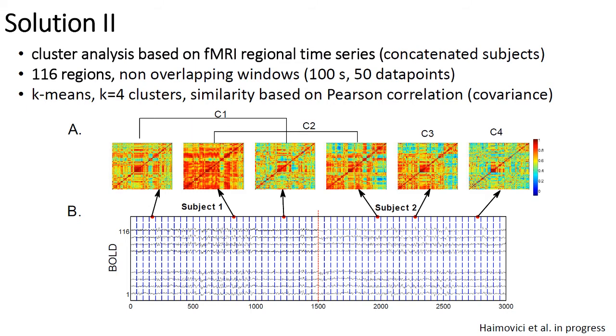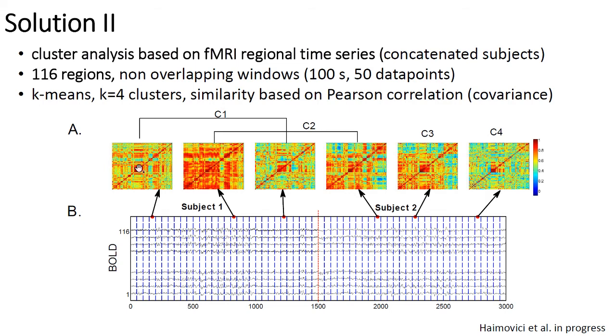Suppose you have a sample of patients or subjects, let's say for example 50, which is not an extremely large amount. Then what you do is you use a sliding window. You have a window, a part of this whole time series, and within that window you compute the connectivity between all pairs of regions in a template, and you start moving this window, and you have different connectivity at different points in time.